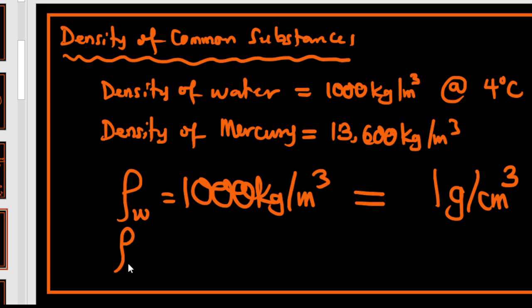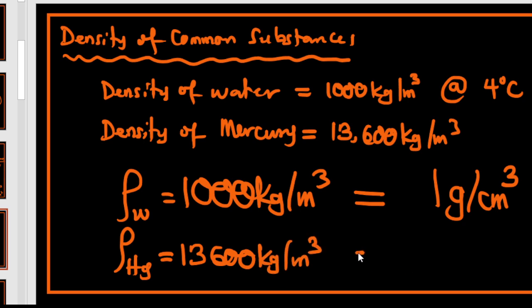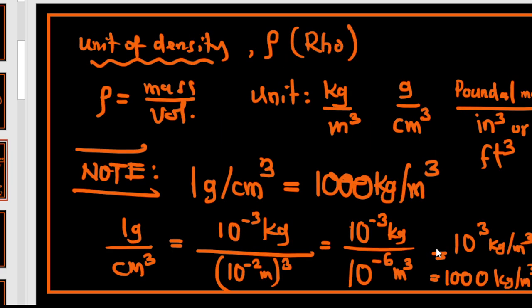Alright, the density of mercury we have to be approximately 13,600 kilogram per meter cube. Now tell me, what would be the result in gram per cm cube? Thank you very much. 13.6. So all you just have to do is divide by 1,000, based on what we agreed here, that 1 gram per cm cube is equal to 1,000 kilogram per meter cube. So please just remember that.